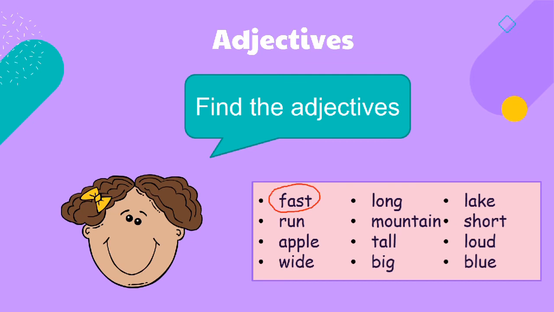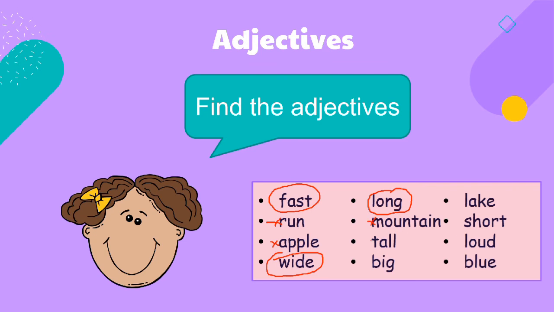No, run is a verb. Apple? No, apple is a noun, a thing. If you can see and you can touch it, that means that's the thing, noun. Wide, yaps, lebar, that's it. Long, yeah, I've told you before. Mountain, no, because mountain is the noun, it's the thing.